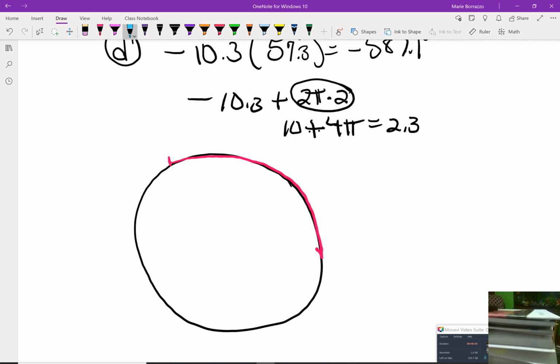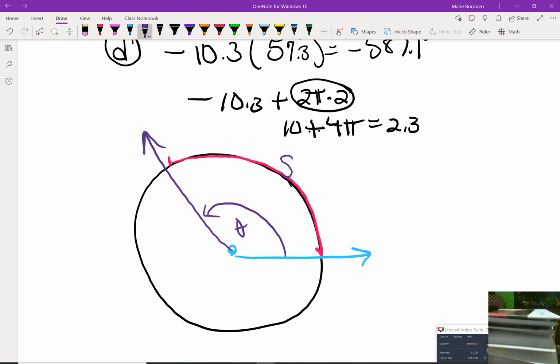I have obviously my initial side and my terminal side, and this being theta, where S is the arc length. There's one more formula, and that is the length of a circular arc, where S is equal to the radius times theta.